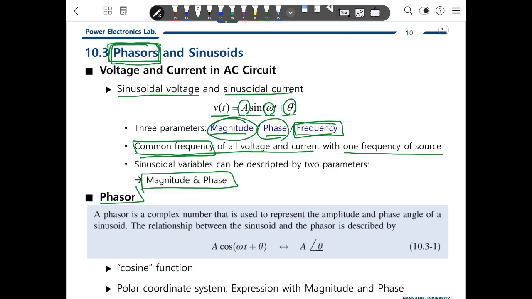So we call the phasor a complex number that is used to represent the amplitude and phase angle of the sinusoid. So phasor is kind of a complex number, in Korean, 복소수. But this A cosine omega t plus theta can be expressed with only magnitude A and the angle theta. So we call that a phasor.